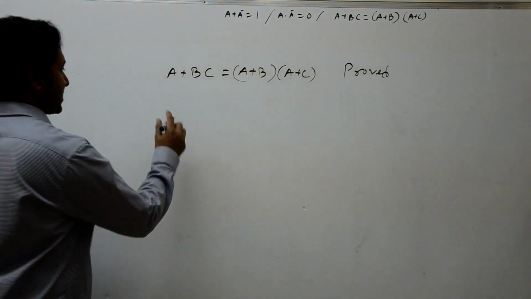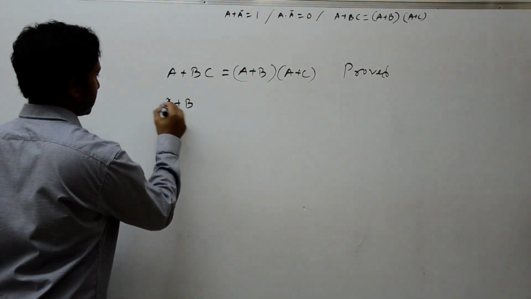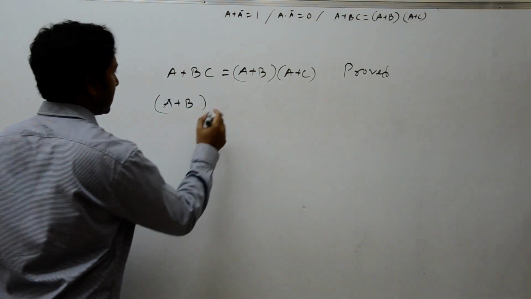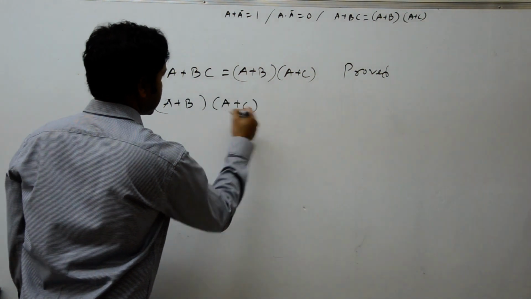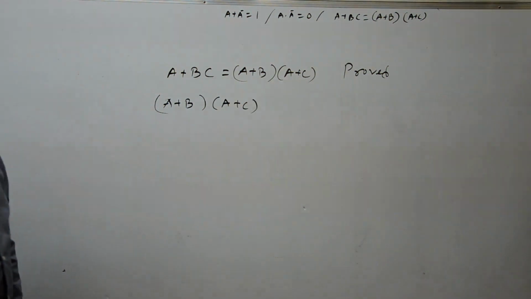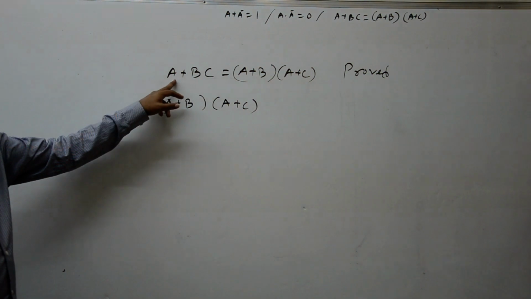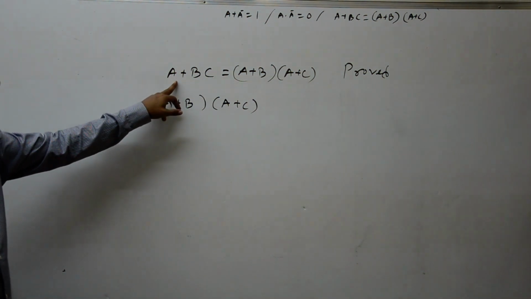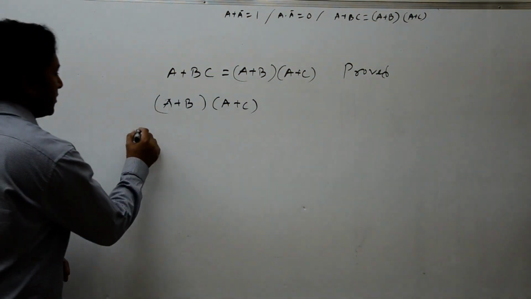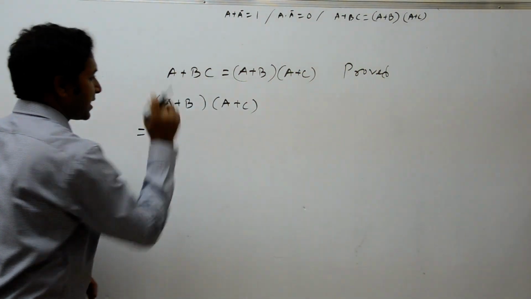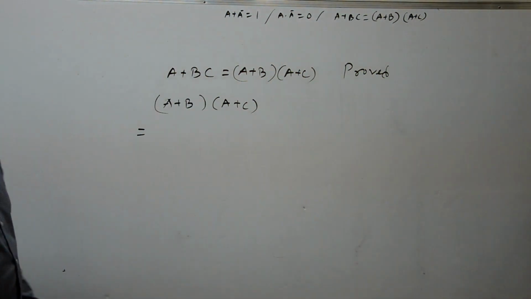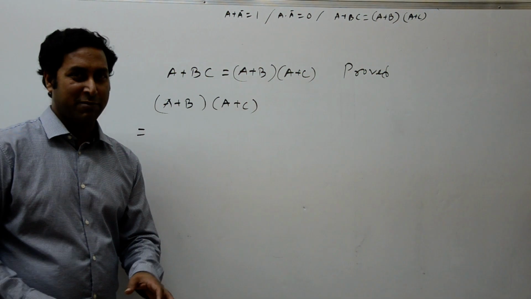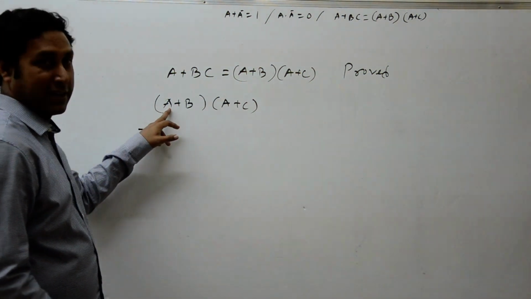So I'll take the right hand side. A plus b, into a plus c. Let's see whether after simplification I am getting this one or not. So in between this, what is there? Dot, that means multiplication. I think all of you know multiplication very easily.